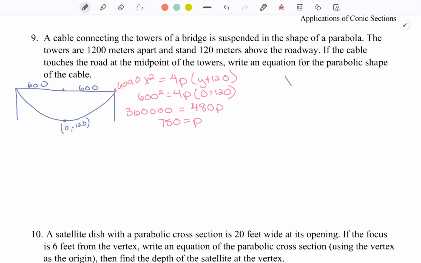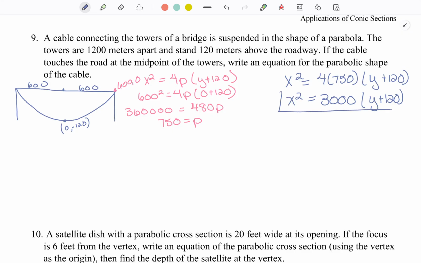We will have x squared equals 4 times 750 times y plus 120. And 4 times 750 is 3,000. And so there is our equation.